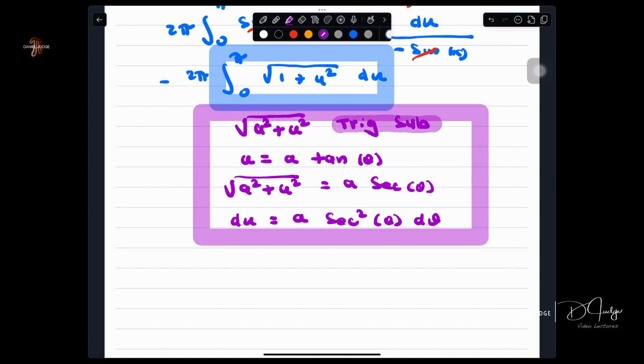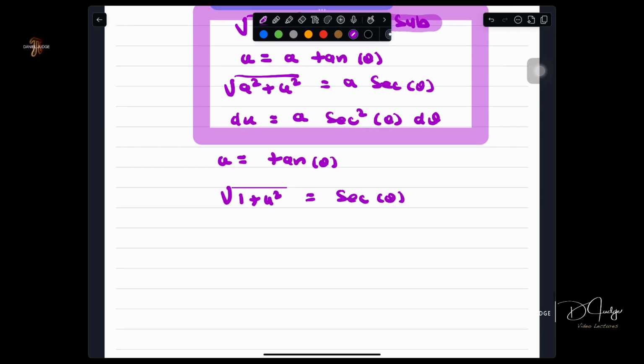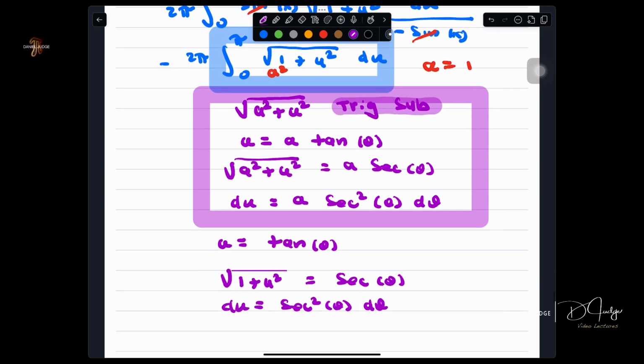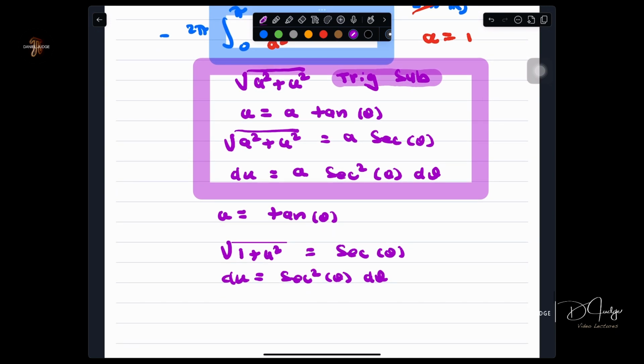Well, a squared here is 1, which means a is 1. So now you have u going to be tangent theta, square root of 1 plus u squared is secant theta. Derivative of tangent is secant squared theta d theta. So this is going to be our trigonometric substitution now.